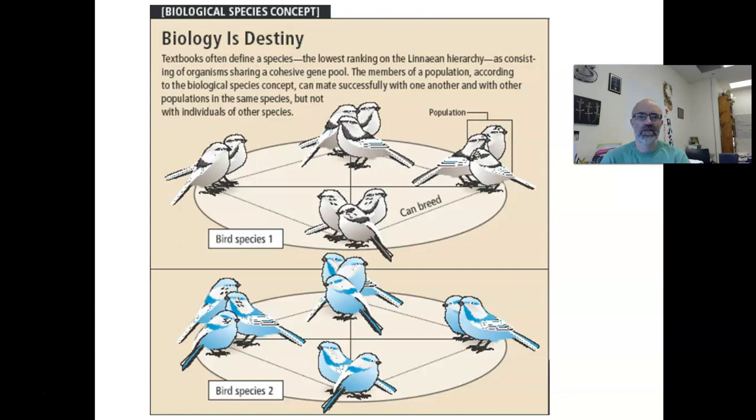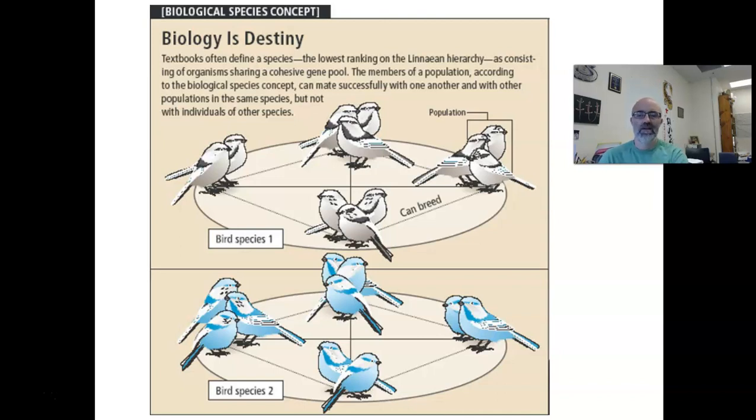At first, to the untrained person, who doesn't have the luxury of sitting down and really studying this, it seems very obvious. But as you've seen in chapters 4 and 5, it's not that simple in nature. Okay, but the best attempt, in my opinion, is this concept called the biological species concept.